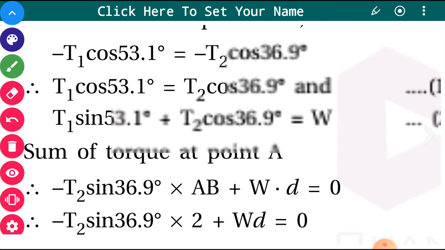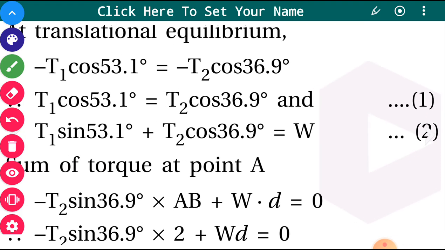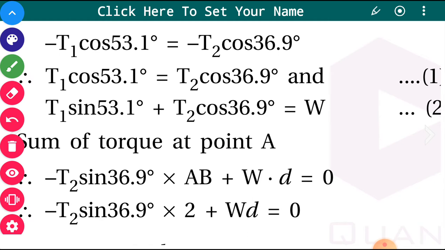What is done in this equation? In equation number 2, this sin 36.9 term is taken to the other side. So what will happen?